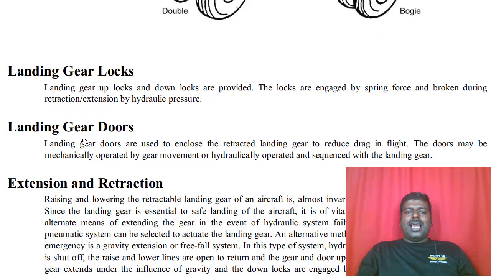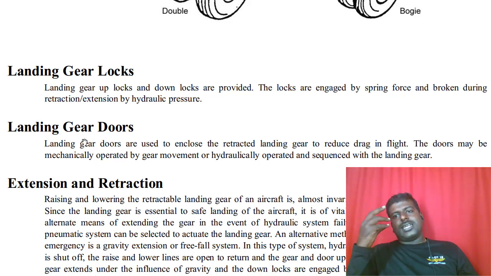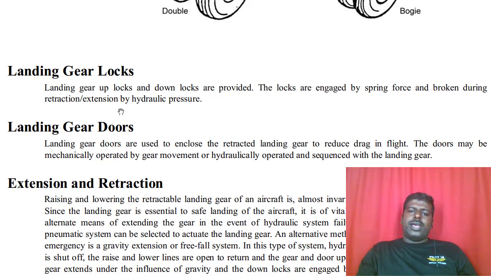Okay. Landing gear locks. In aircraft with retractable landing gears, it is necessary to make sure that the landing gears are retracted or extended. So there are locks, up locks and down locks.